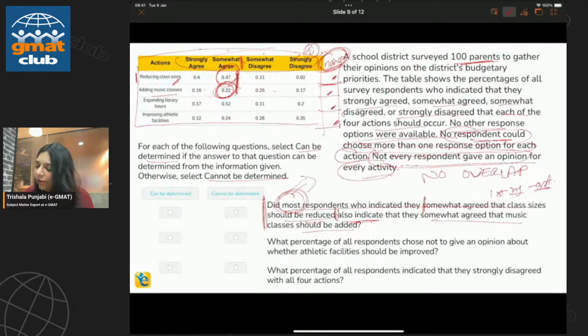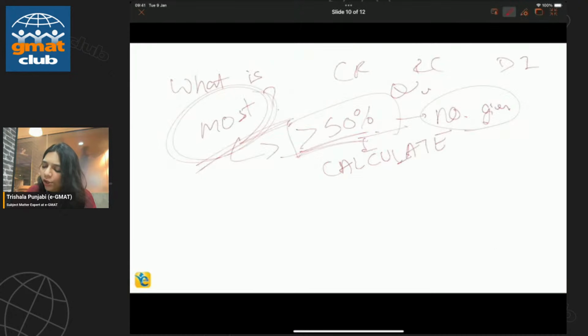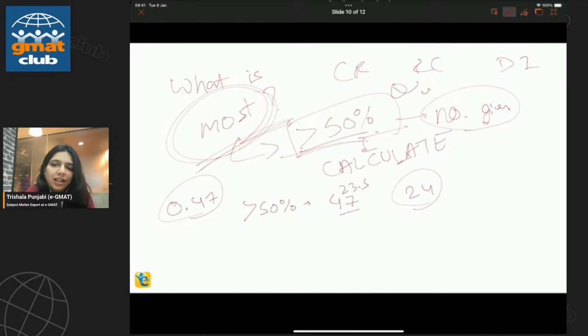So, if we look here, did most respondents indicate that they somewhat agreed? So, most of 47. What is greater than 50% of 47? 50% of 47 is 23.5, and since we cannot have half a person, it is 24.